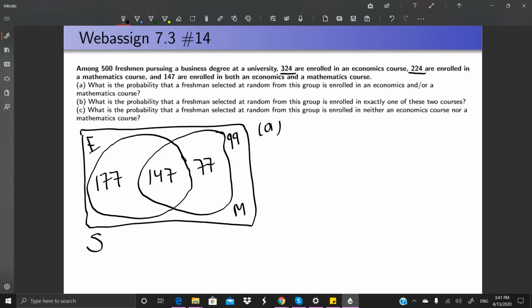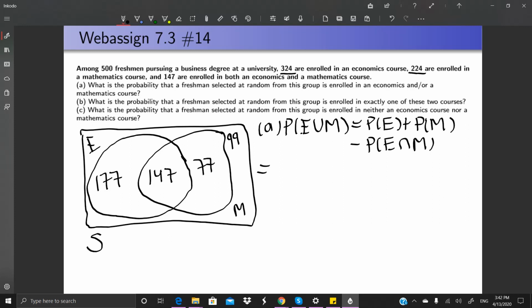So we're looking for the probability of E union M. Using the definitions from before, this will be the probability of E plus the probability of M, minus the probability of E intersect M. So that's our formula.